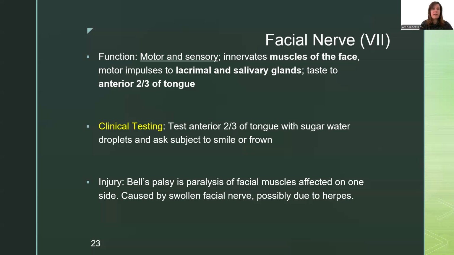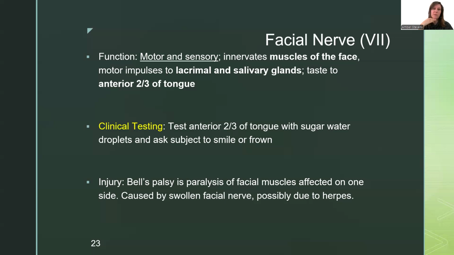And even though this nerve has a lot to do with dentistry, this nerve is not one that we would be trying to anesthetize.